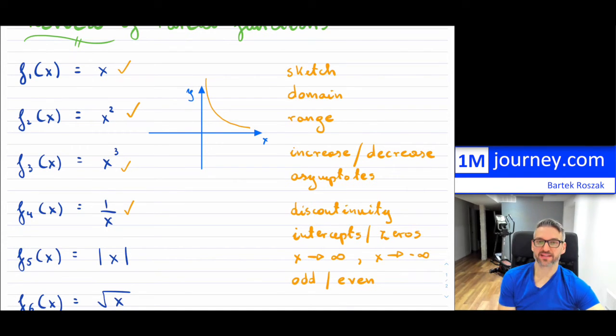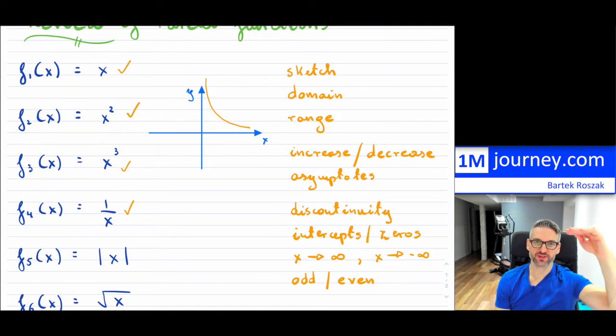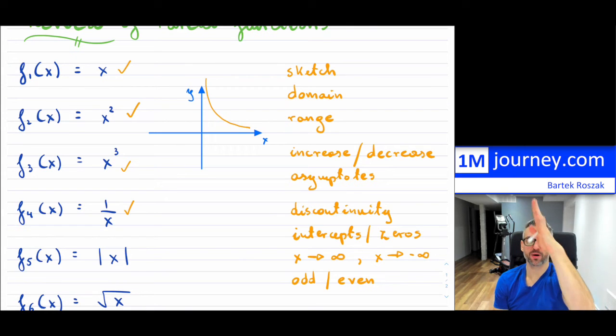As x gets bigger and bigger, because it's in the denominator, as x tends to infinity, our function tends towards 0 because it's 1 over a very big number. And then as it gets closer to 0, 1 over a very small number starts to blow up on us.